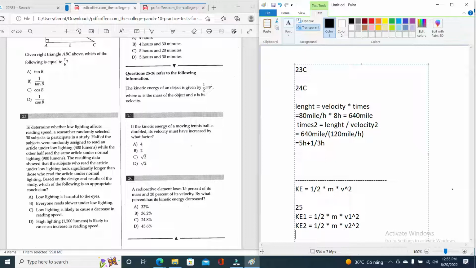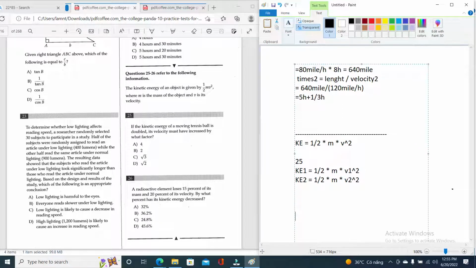They say that the kinetic energy of a moving tennis ball is doubled, which means that KE2 has to be 2 times KE1. So we're going to substitute the equation in: 1/2 m v2 squared equals 2 times 1/2 m v1 squared.